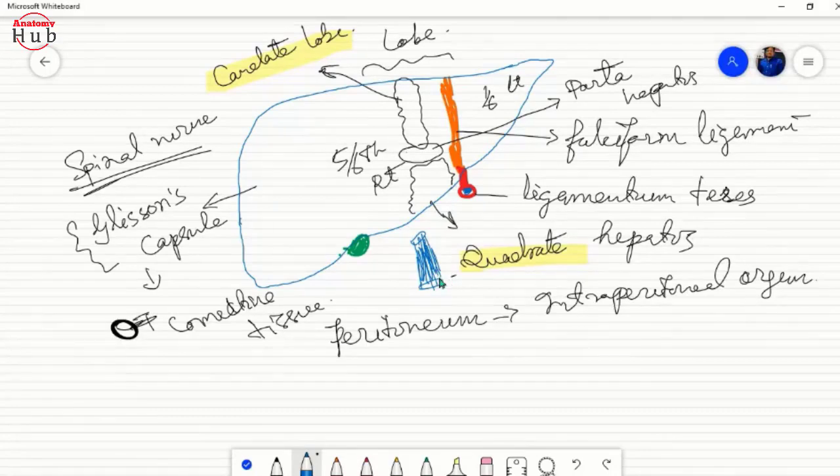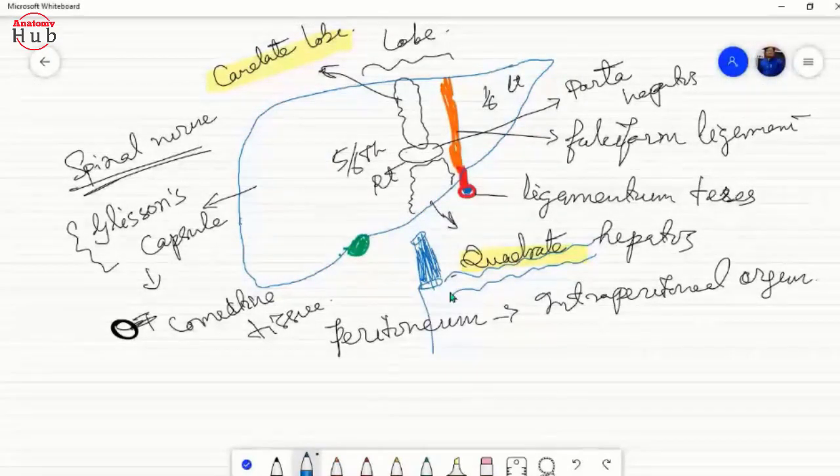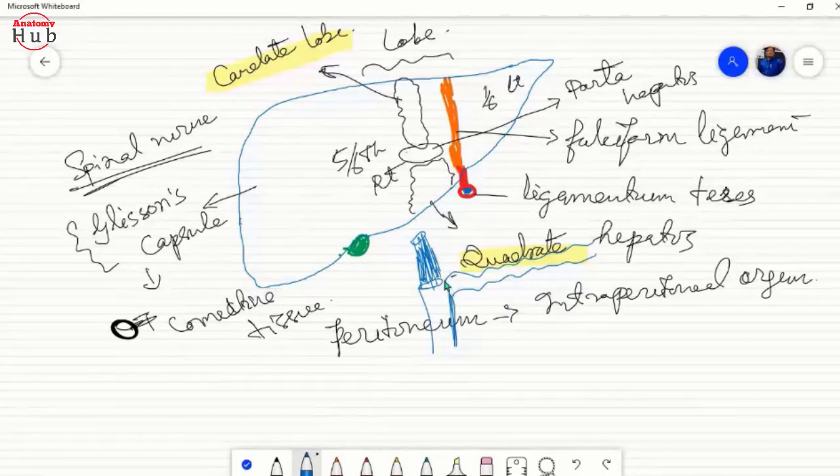This portal vein commences when the splenic vein, here you'll find the splenic vein, and you'll find the superior mesenteric vein. So the superior mesenteric vein and the splenic vein unite together and form the portal vein.